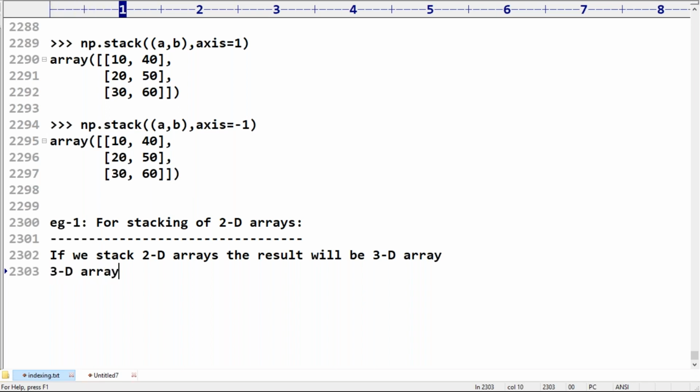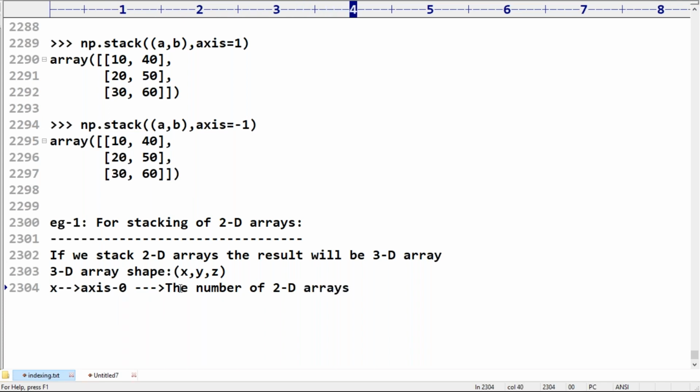In the 3D array, the shape is x comma y comma z. x means axis 0, the number of 2D arrays. Correct?